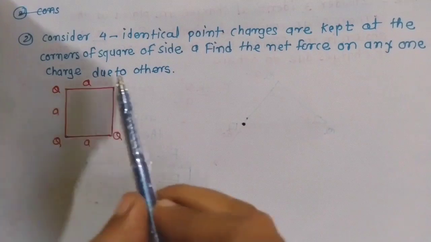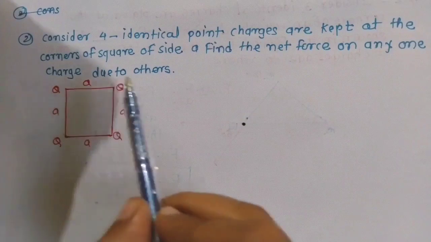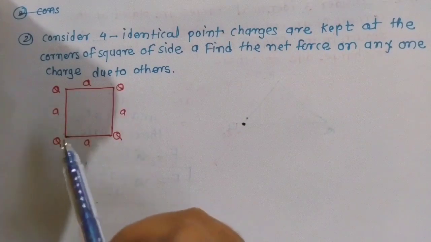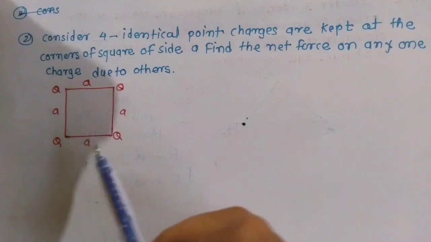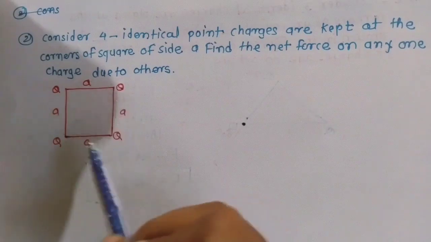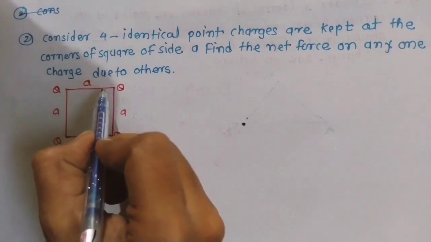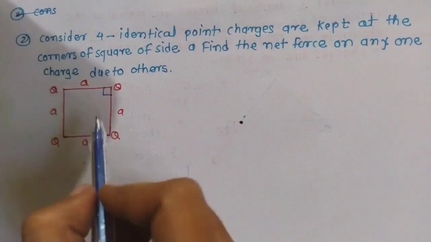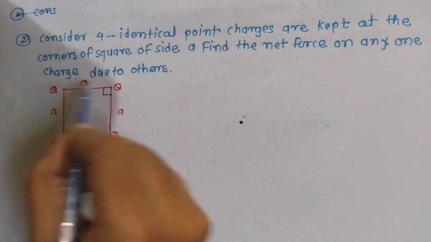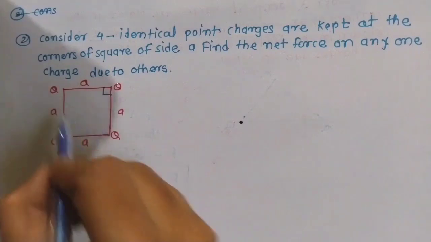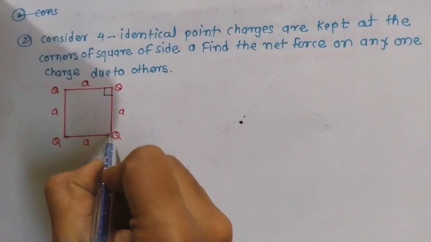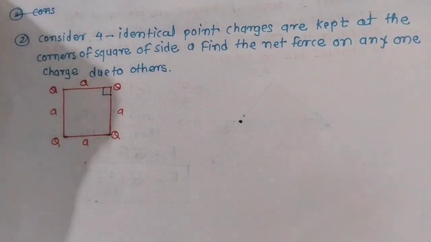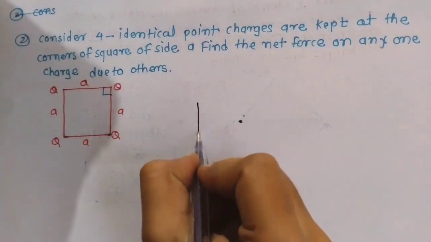The angle is 90 degrees because it is a square. So we find the net force on this charge due to the other three.